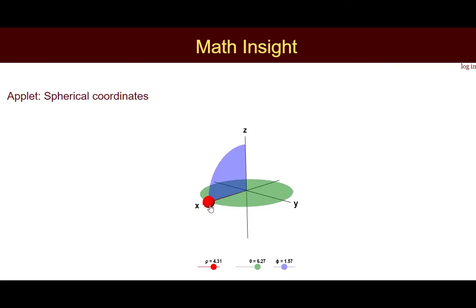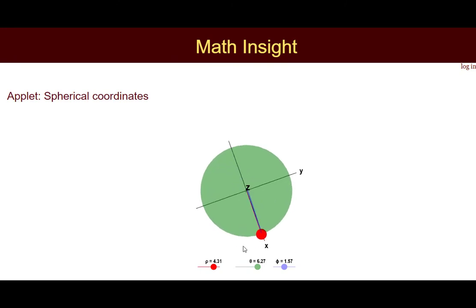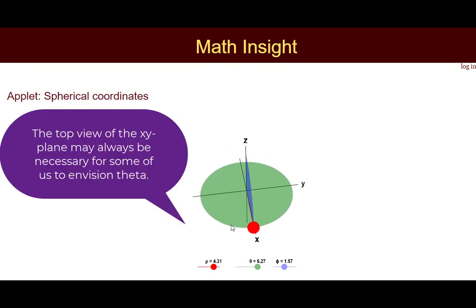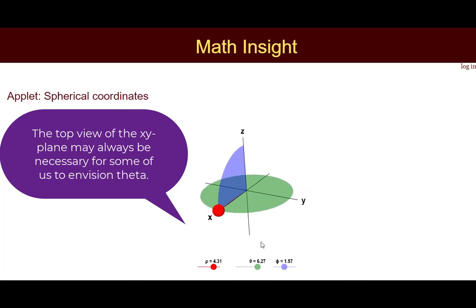So there's a point here, and what I'm going to do first is focus on the theta. Remember, theta is if you were viewing from the top view down to the XY plane. Now you'd see a circle.